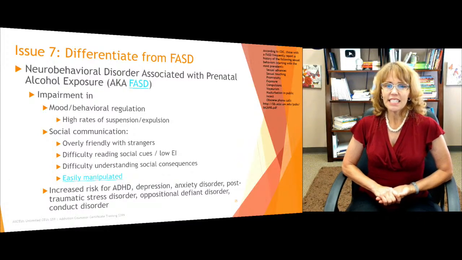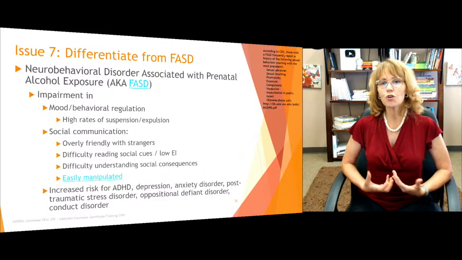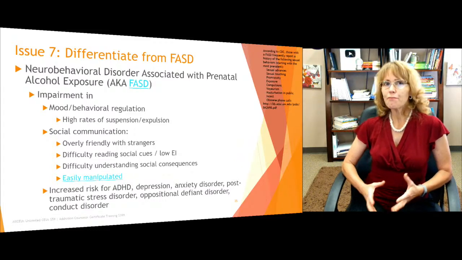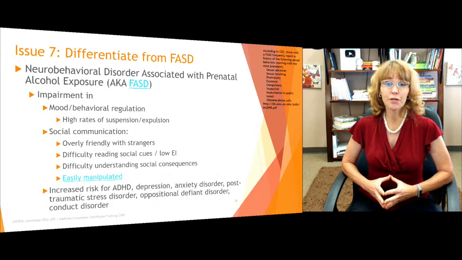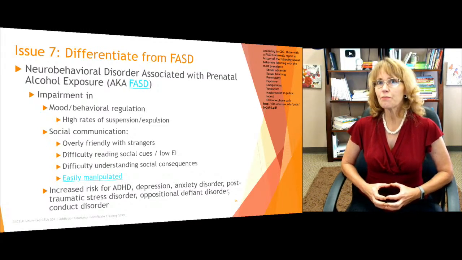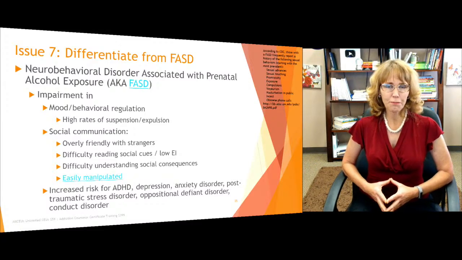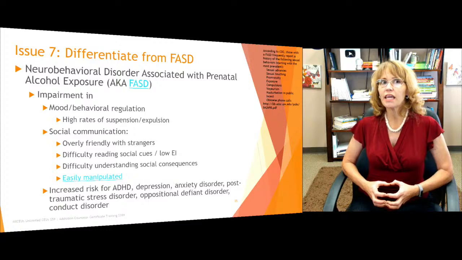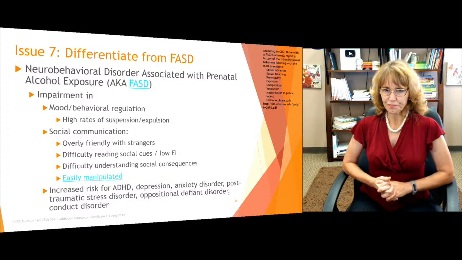People with FASDs have high rates of suspension and expulsion because they have difficulty with mood and behavioral regulation. They may have differences in their social communication, being overly friendly with strangers and easily manipulated. There is an overpreponderance of people in jail who have fetal alcohol spectrum issues because they were easily manipulated by bad actors.